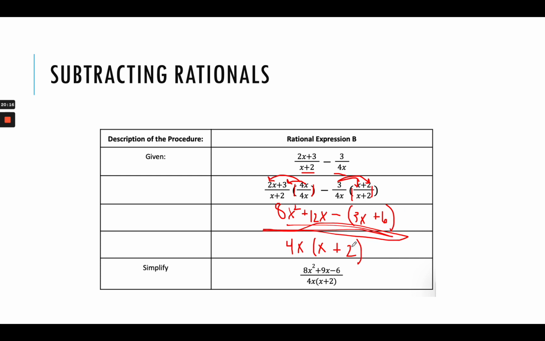Okay, now you have to distribute that negative, so you're going to end up with 8x squared plus 12x. Well, minus 3x, right? And then don't forget, you also have to distribute it to this 6 over here. So if we have a positive 6, it's going to become negative 6, all over 4x times x plus 2. Okay, when you combine your like terms, you get 8x squared plus 12x minus 3x is 9x, and then minus 6, so that's your answer.